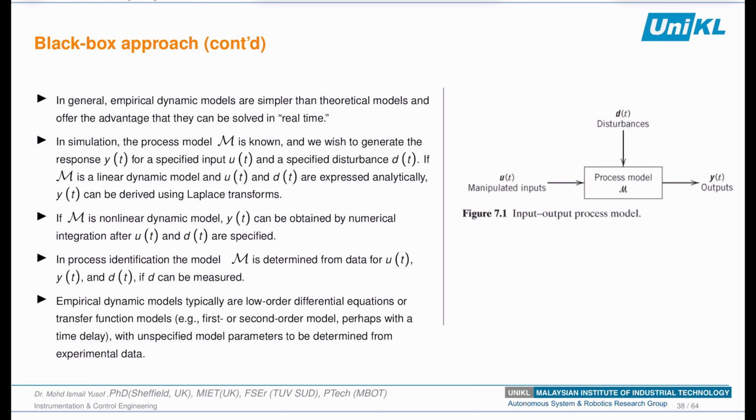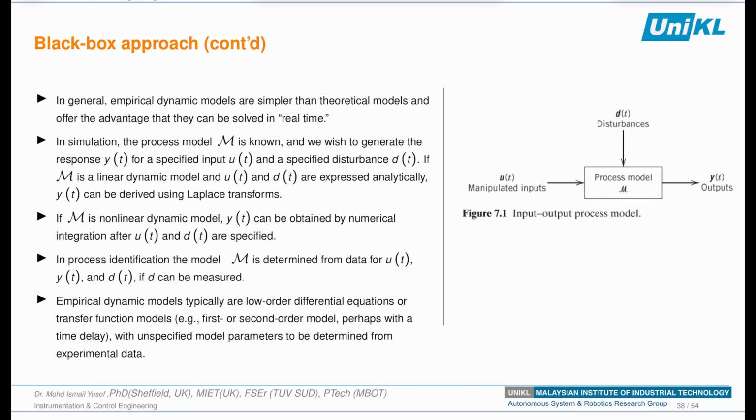In simulation, the process model M is known and we wish to generate the response y(t) for a specified input u(t) and a specified disturbance d(t). If M is a linear dynamic model and u(t) and d(t) are expressed analytically, y(t) can be derived using the Laplace transform.